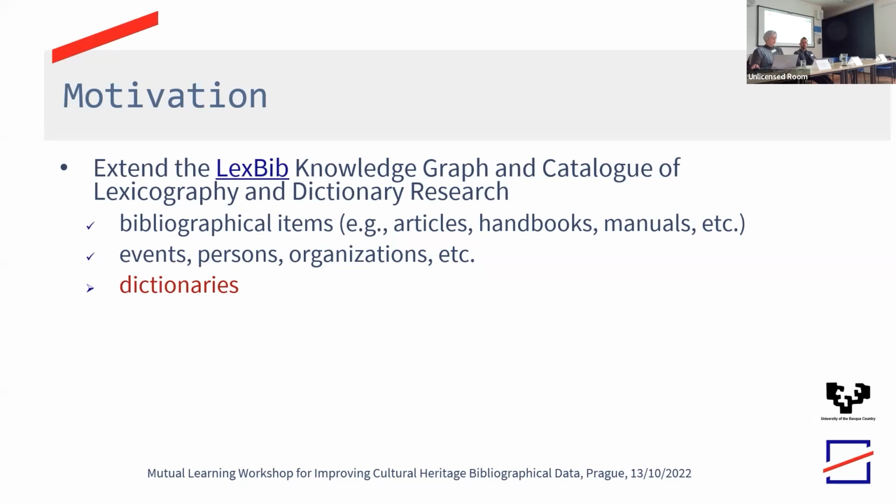Okay, dictionaries. We want to have bibliographical data for dictionaries, and we don't want to start from the beginning. There are already out there catalogs that have dictionaries in them. So we want to import them.